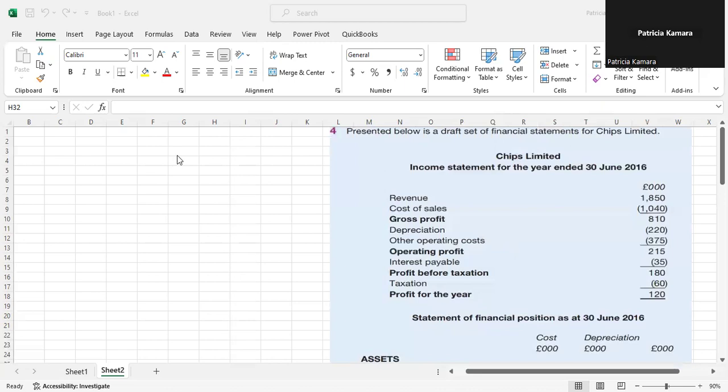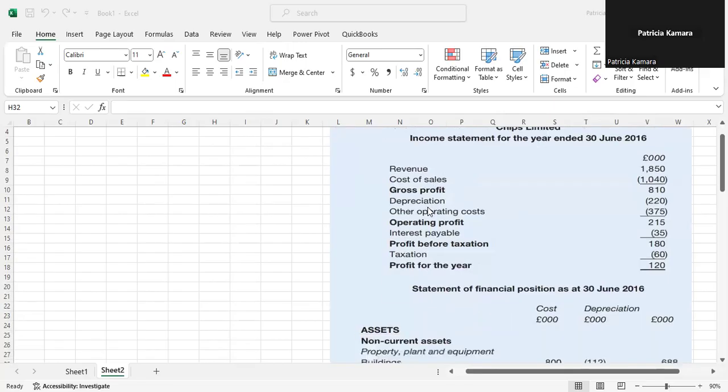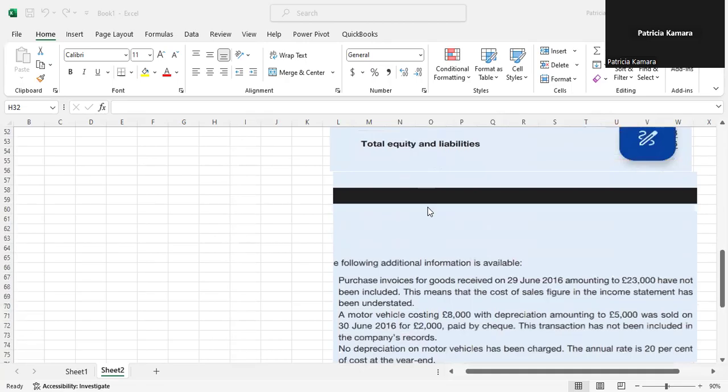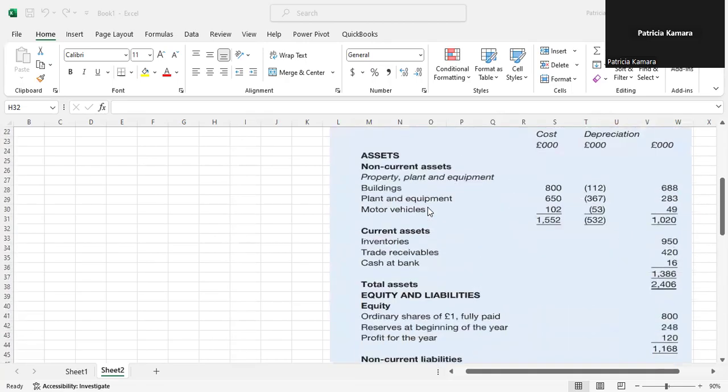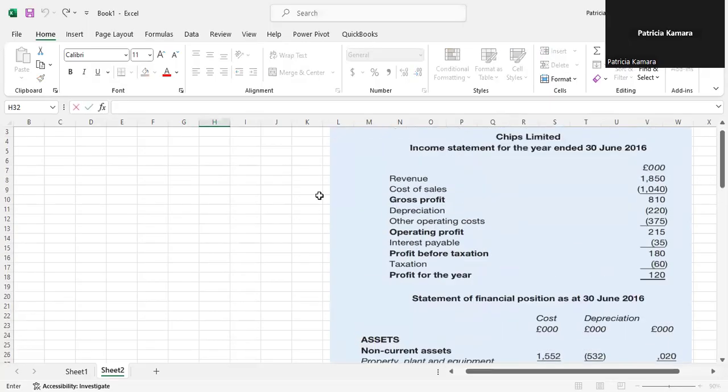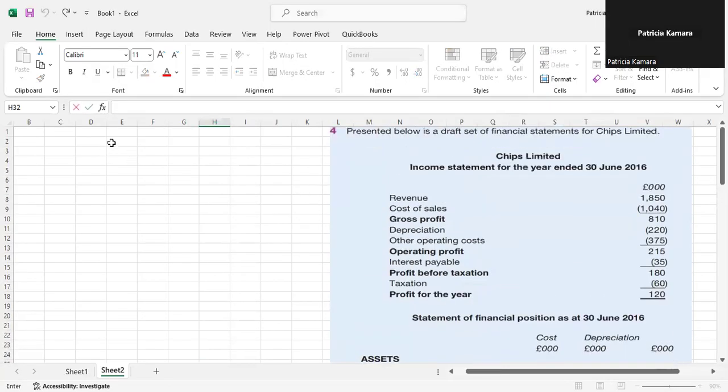So in order for us to start, let us recopy the income statement that has been given to us, and then we can go into the additional information for the adjustments. So we'll be quick about it. And then our company is called Chips Limited.